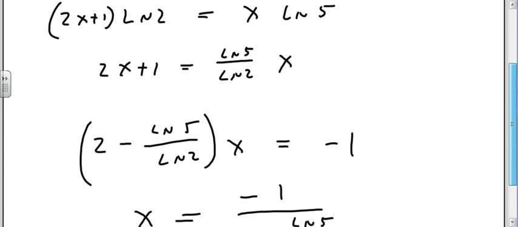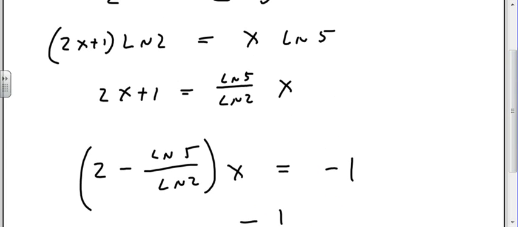Now, I'm probably not going to do that. I'm probably going to come up here and rewrite this. 2x plus 1 is equal to natural log 5 divided by natural log 2, 2.32x.